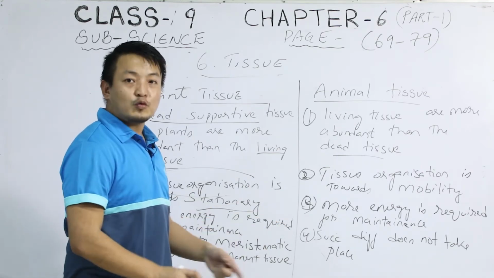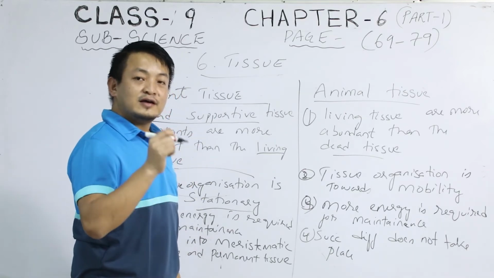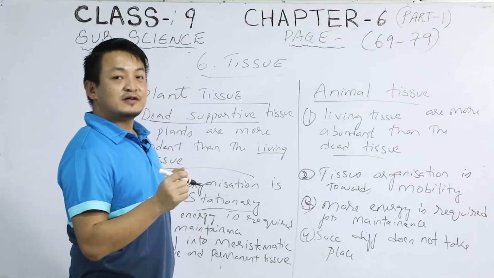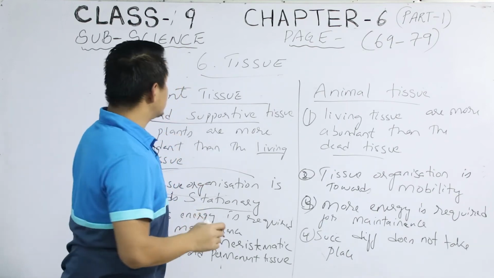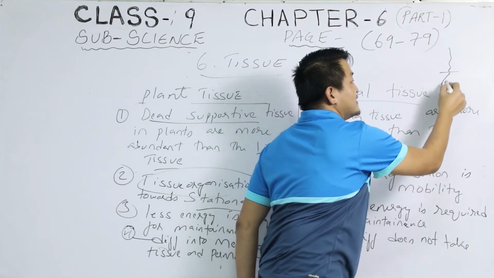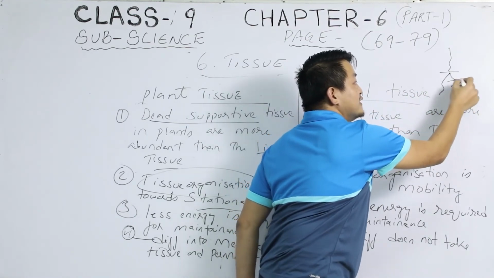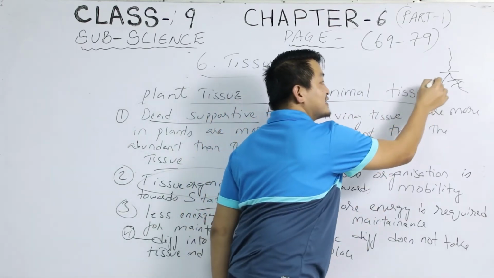Because plants, they don't walk, right? Yes, they move, okay? They also move. You might not be aware, but they're not moving because of the wind, but you know, they also move. Like, see, let's say this is a plant and here, this is a root, right? So this root is pushed by the gravity, right?